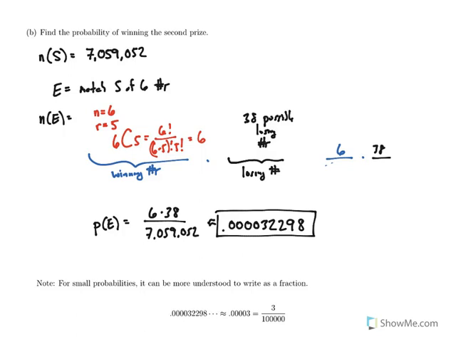But if we think about it as a fraction, note that 0.00003228 is about 0.00003. And we can write that as a fraction, thinking about that as 3 times out of 100,000 we win the second prize. That kind of gives us more intuition as to what that actually represents.